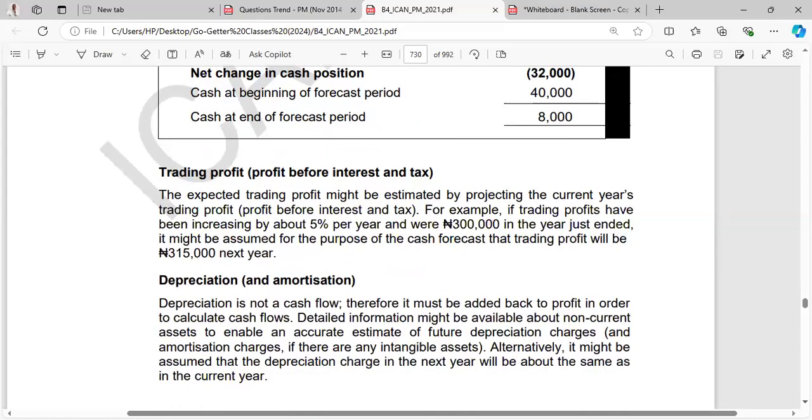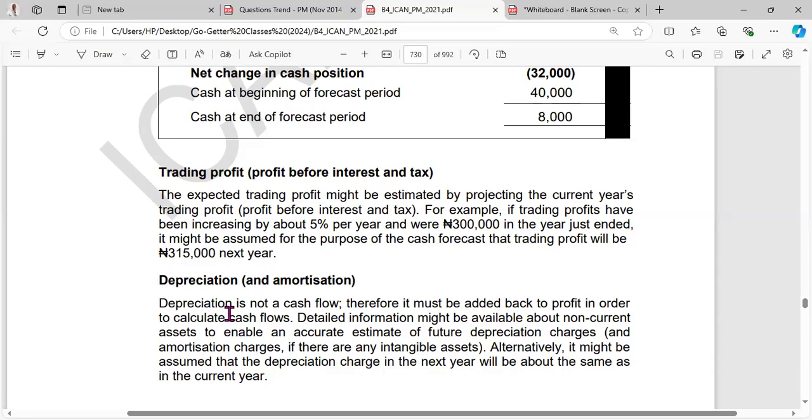Trading profits, profit before interest and tax. Now the expected trading profit might be estimated by projecting the current trading profit, which is trading profit before interest and tax. So you can project what it is.